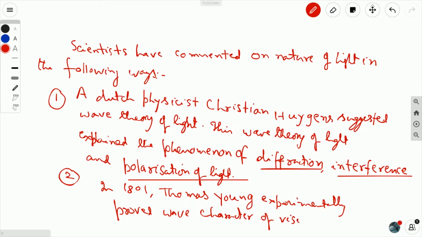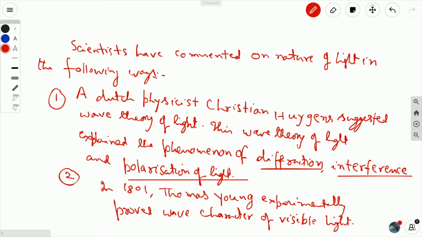That means our white light is visible light, and it is made up of waves. It has the characteristic of a wave. White light is made up of different colors, the VIBGYOR colors: violet, indigo, blue, green, yellow, orange, red. And every color has a different wavelength.